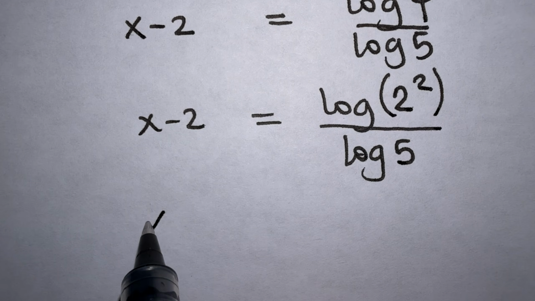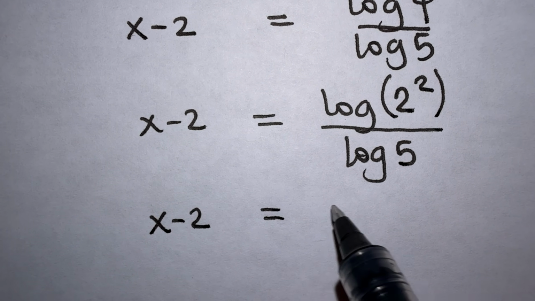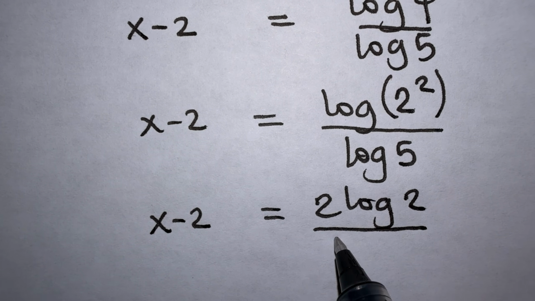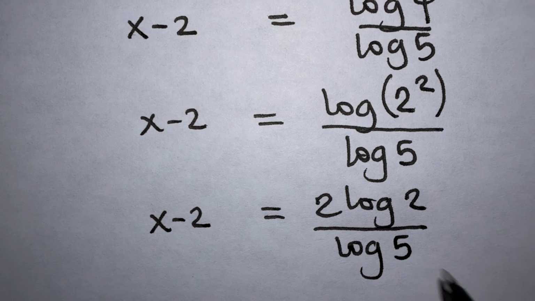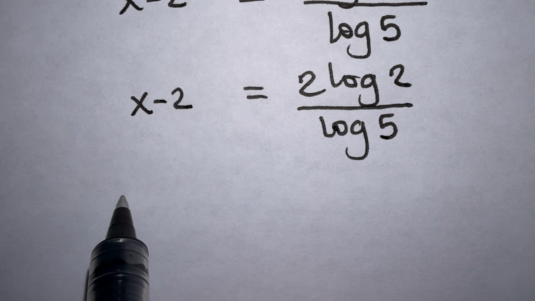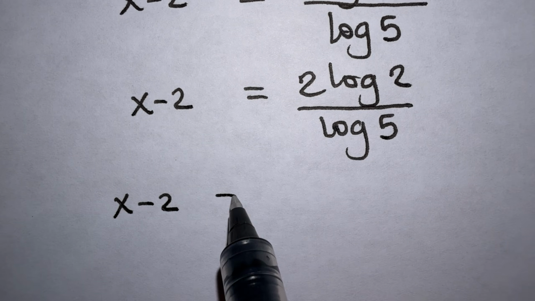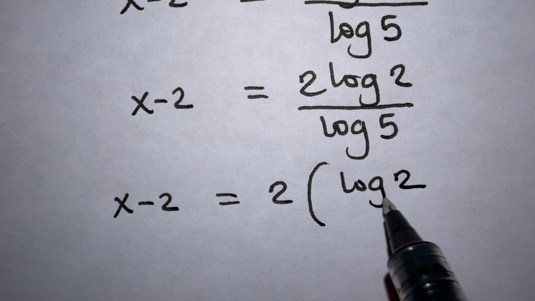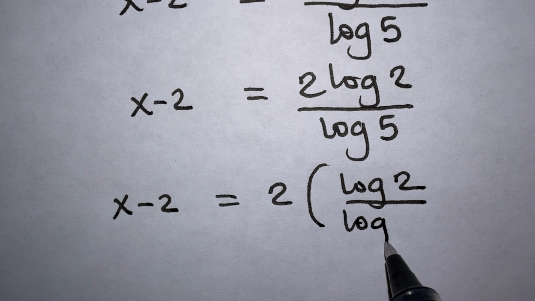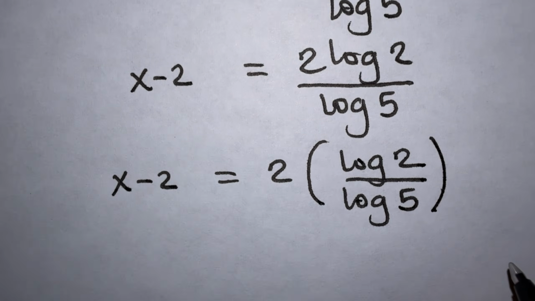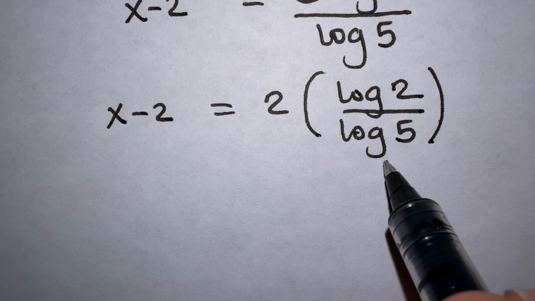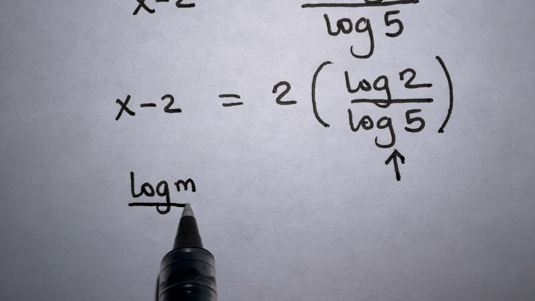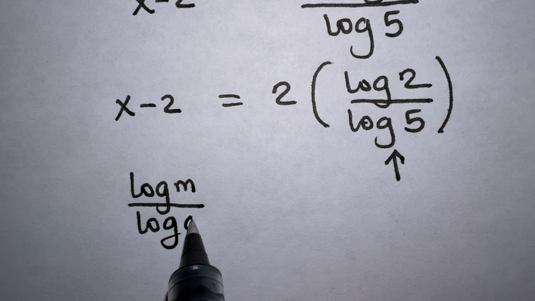So that x minus 2 would now be 2 times log 2 divided by log 5, which will give us x minus 2 is equal to 2 into bracket log 2 divided by log 5. Log 2 divided by log 5 here is of the form log m divided by log a.